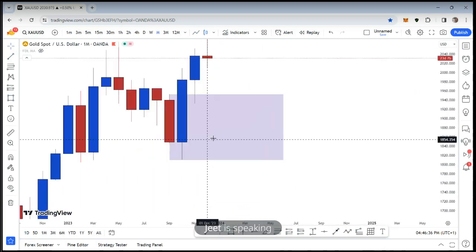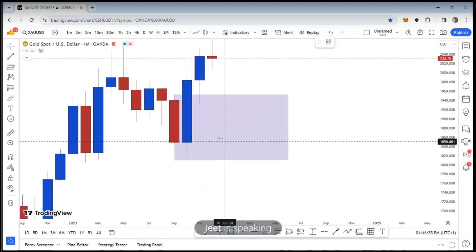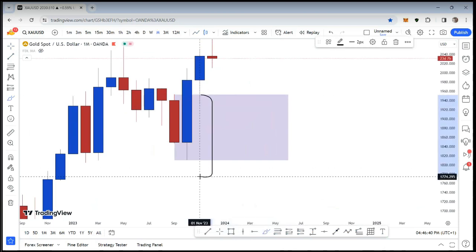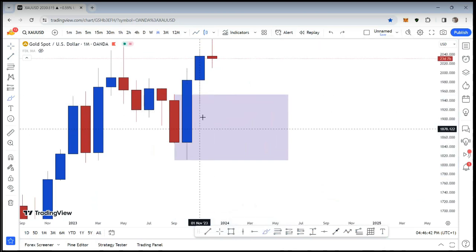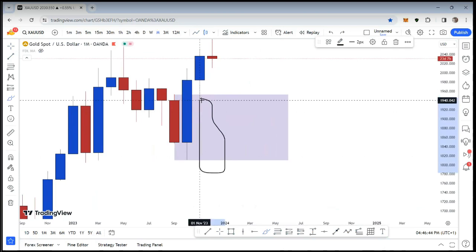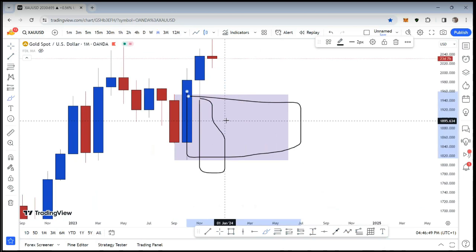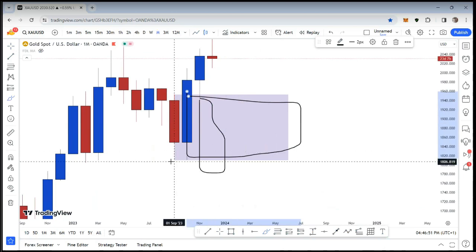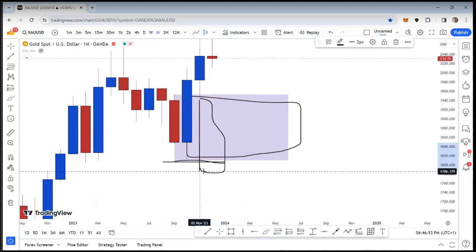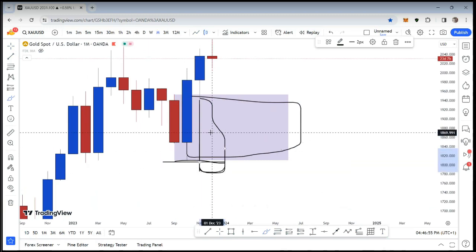Because this is my support. Yes. So now, if a red candle breaks outside this zone, these forms are like some sort of engulfing. This is when I consider it to be a break. When a body is outside this zone, this is when I consider it to be an engulfing.